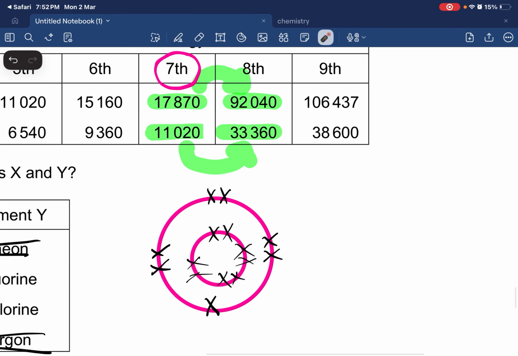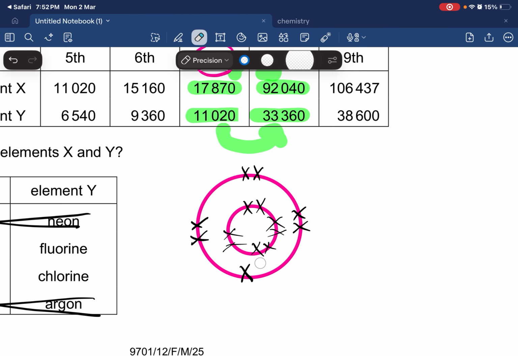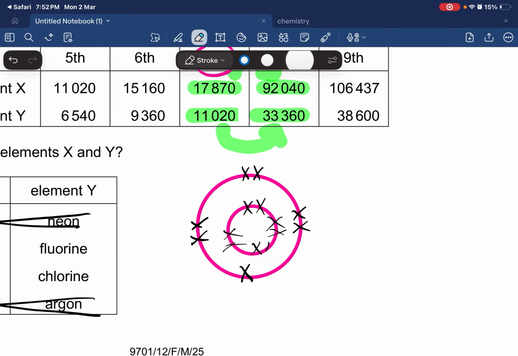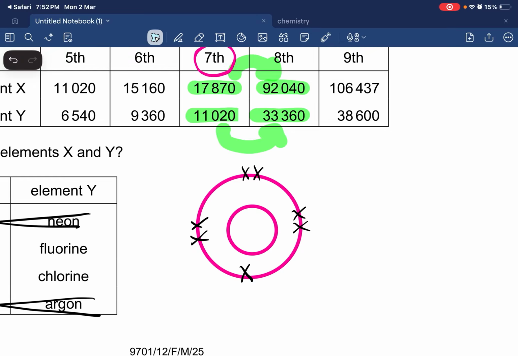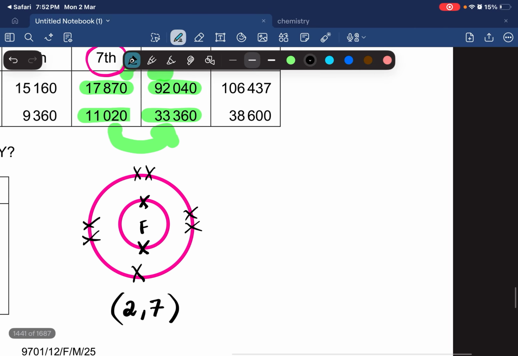So if I try to draw fluorine, I'm going to have 2 electrons in the inner shell, something like this, right? Fluorine is 2, 7. That's the electronic configuration for fluorine.